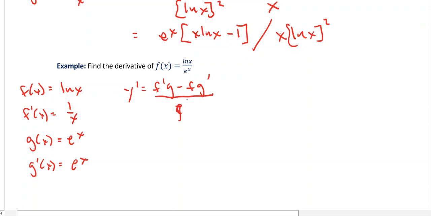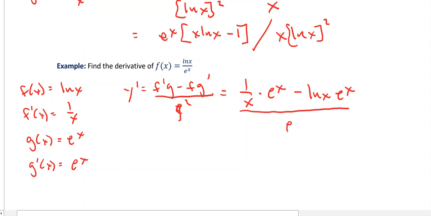So we have f prime, which is 1 over x, times g, which is e to the x, minus f, which is the log of x, times g prime, which is e to the x, all over g squared, which is e to the x squared.